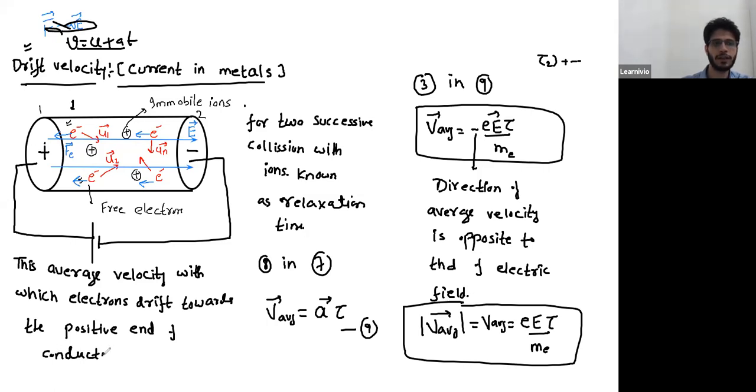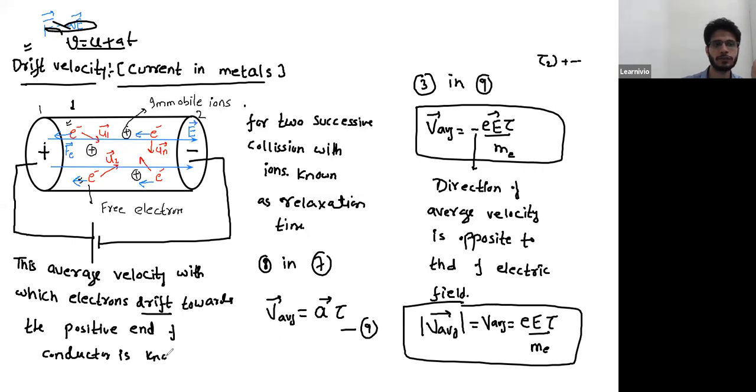I'm not writing that electrons are moving, I'm writing electrons are drifting. The reason is the motion of the electron is not continuous, not a free motion. It keeps on colliding with the ions, so it's not moving in a straight line. It keeps on colliding and then moving. So it looks like the electron is drifting towards the positive end of the conductor.